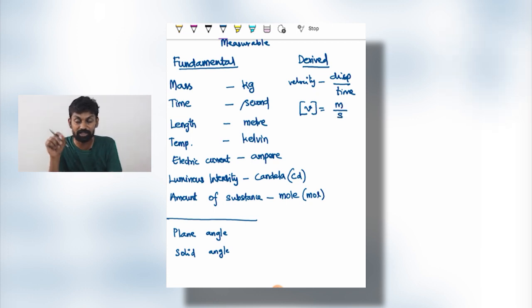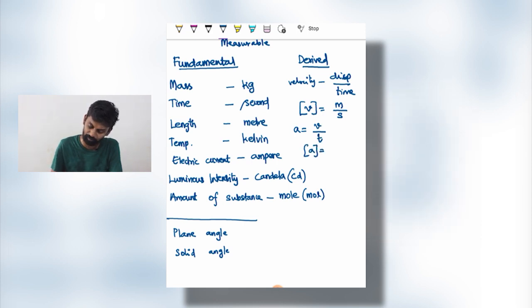So, any physical quantity which depends on more than one fundamental quantity is called a derived quantity. The units of all the physical quantities which depend upon more than one fundamental quantity are called derived units. We can write acceleration. It is change in velocity by time. So, what is the unit of acceleration?